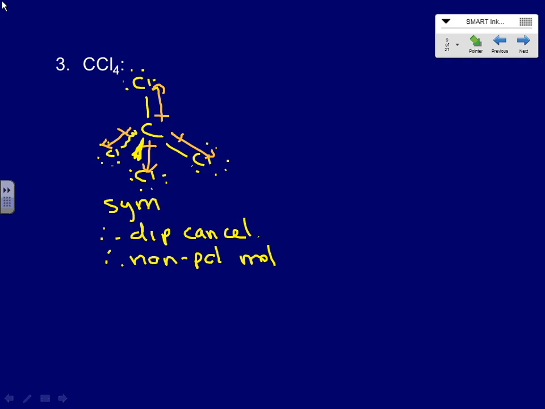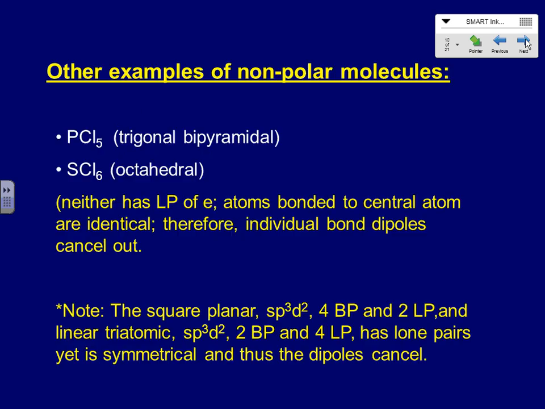Okay, so symmetry cancels them out. Now, I would have given you some examples on that last year, but I would have stopped at that point. Other examples of nonpolar molecules, and you can write this all down, but I'm not going to draw them all out.